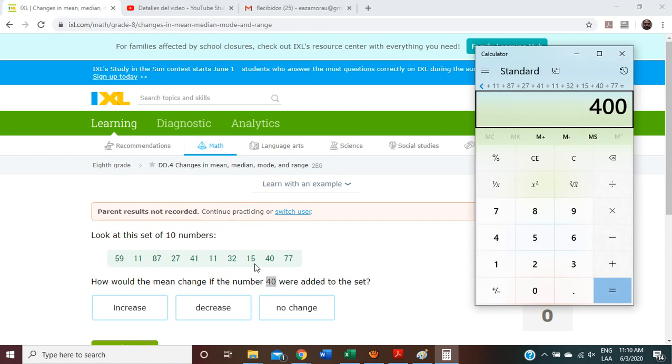What's going to happen if we divide this by 10, which is the number of items in here, or the number of numbers? The answer is going to be 40. So right now we have a mean of 40.